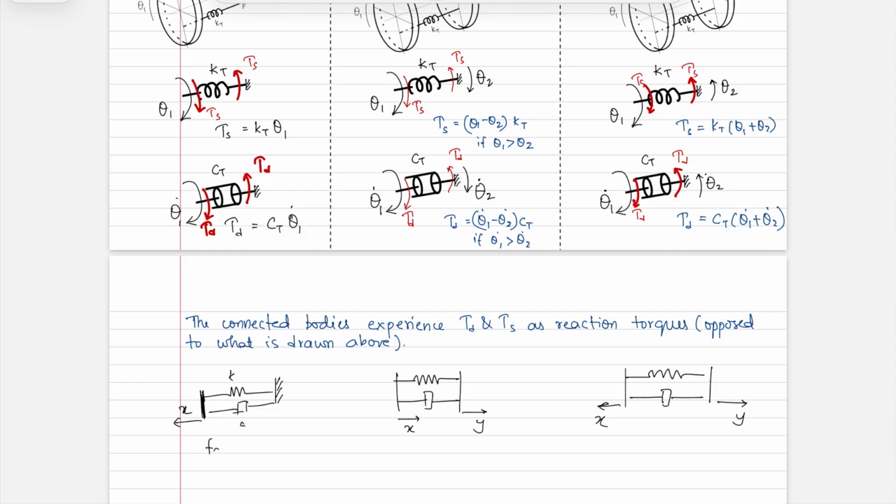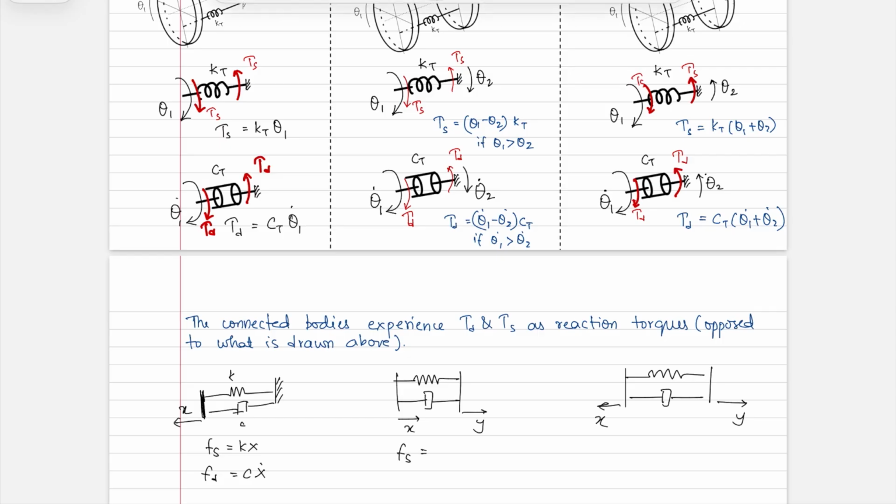In this case, fs would be equal to kx. The equivalent over here is tau s is equal to kt theta 1. And fd is equal to, in this case, c x dot. And above it was tau d is equal to ct theta 1 dot.